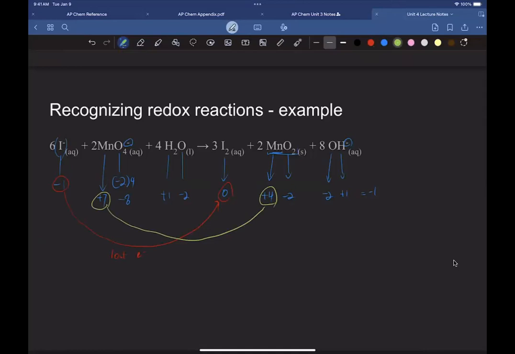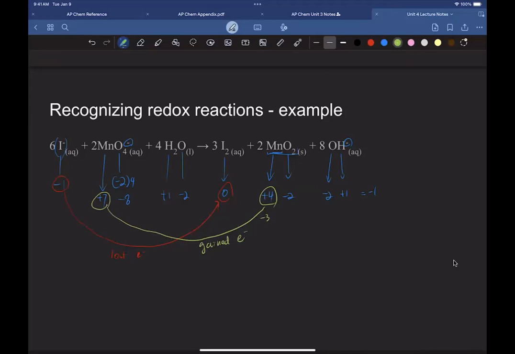It didn't become a negative number, but the oxidation number got smaller. It became less positive, which means there was a reduction of 3 in the charge. So this means that it gained electrons. It gained 3 electrons, basically.